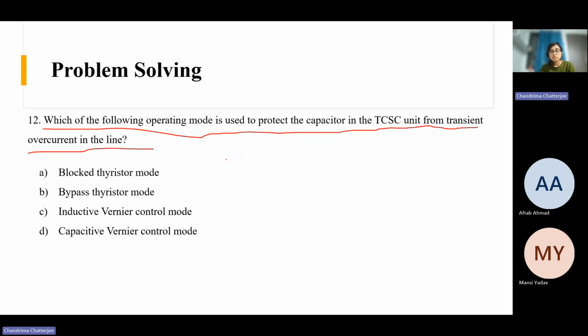Suppose this is the TCSC unit, and here we have the thyristors.